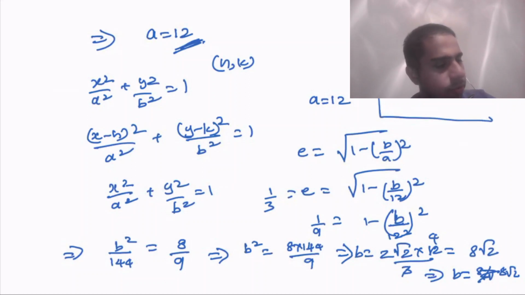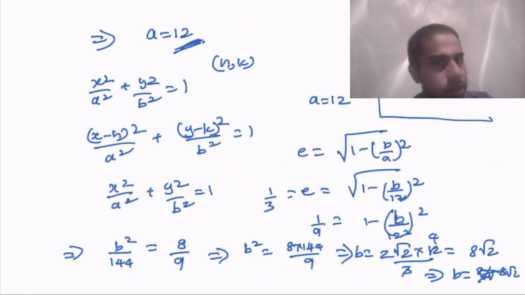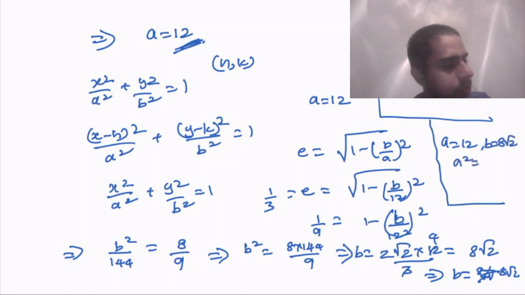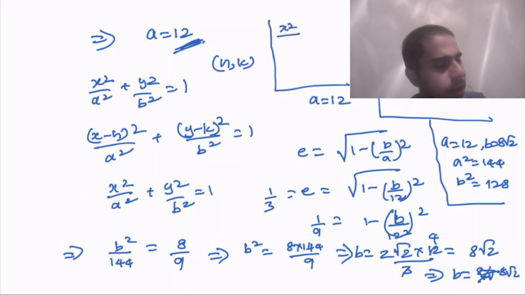So a square is 144, b square is 128. By substituting this in our equation, we get x square by 144 plus y square by 128 is equal to 1.